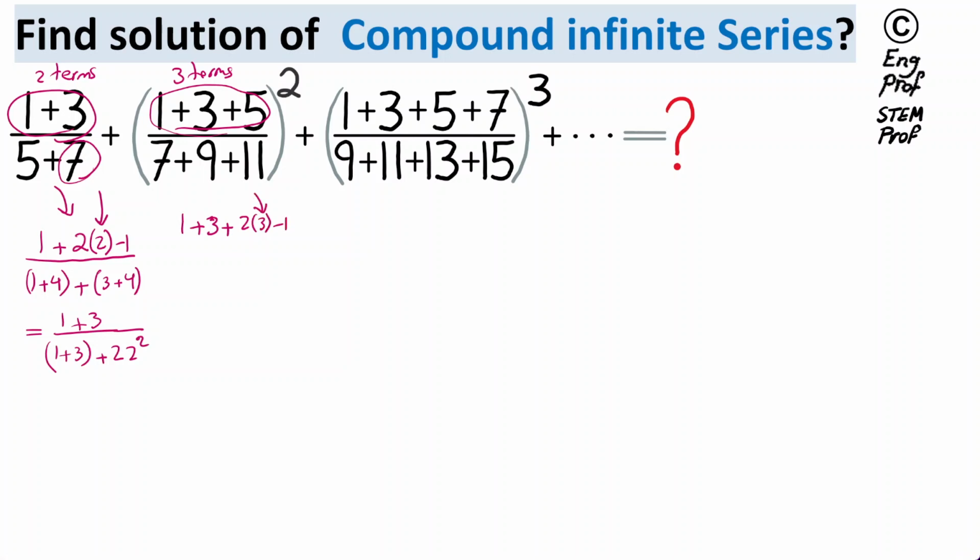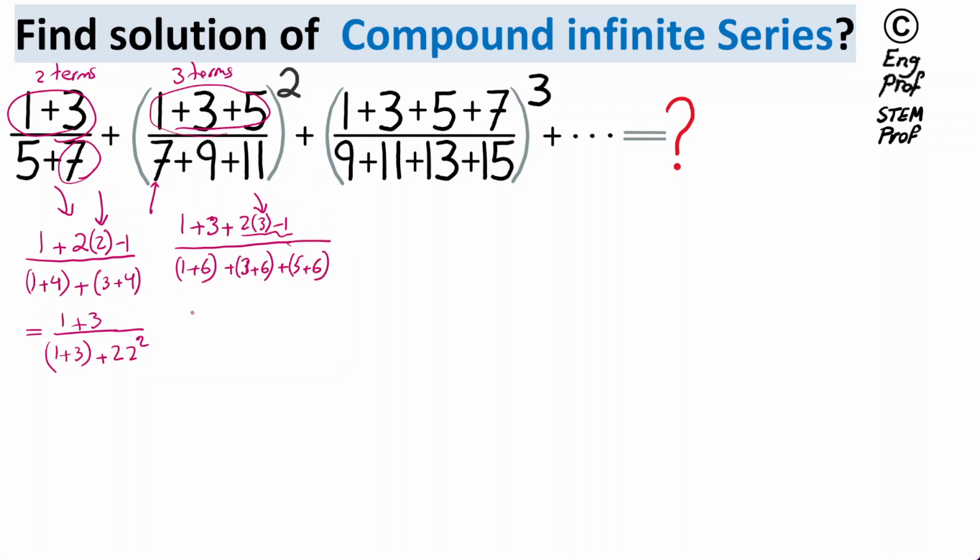See, the number of terms is showing up as defining the last term in the numerator. For the denominator, I can write 7 as 1 plus 6, 9 as 3 plus 6, and 11 as 5 plus 6.